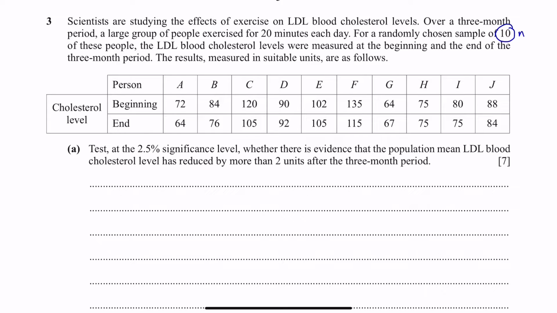You have to compare it within the same person. So let's say for A, you can see that it decreases by 8 units, and for B, it decreases by 8 units as well, and so on. So this is dependent sets of data.